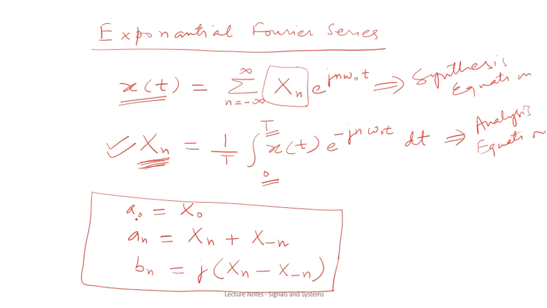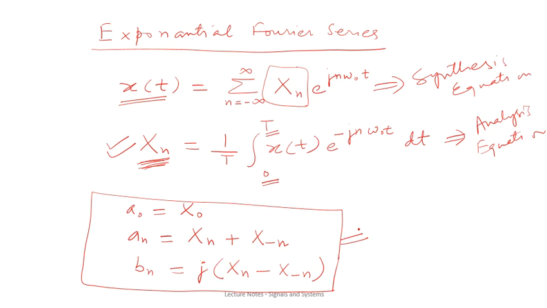This a0, an and bn, if you remember from our previous lectures, are the coefficients of the trigonometric Fourier series, whereas Xn is the exponential Fourier series coefficient. So a0 equals X0, an equals X of n plus X of minus n, and bn equals j times (Xn minus X of minus n). This j is the complex operator which you are already familiar with.